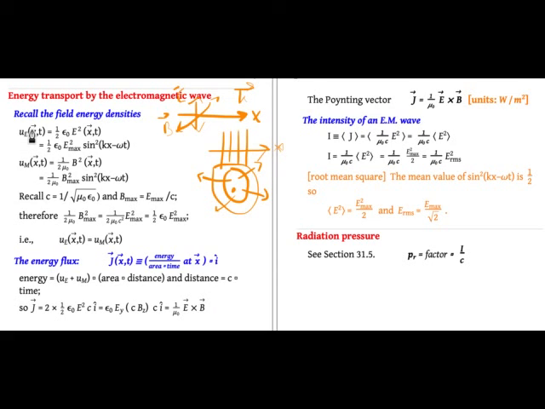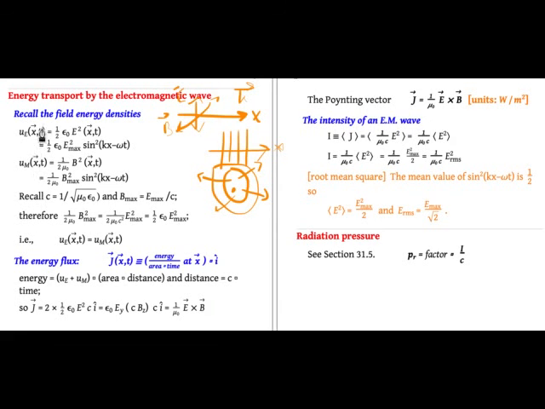That's the electric energy. Now we have the magnetic energy, which is 1/2 mu 0 B squared. And B was B max sine kx minus omega t. So 1/2 mu 0 B max squared sine squared kx minus omega t.